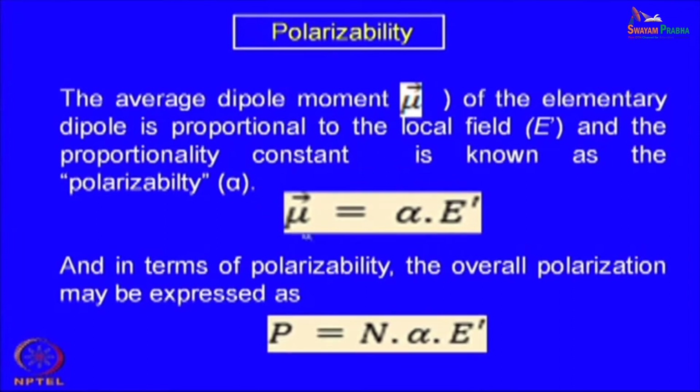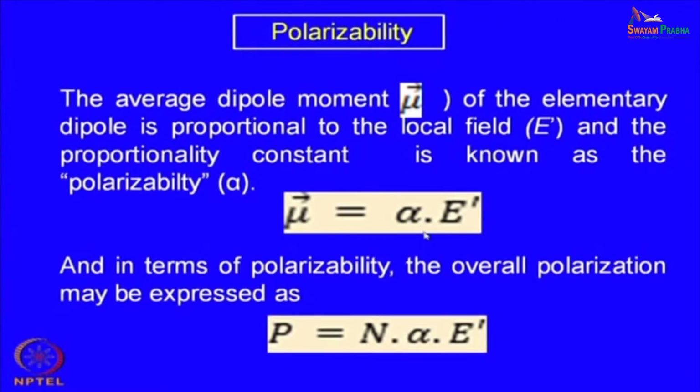So, mu bar is proportional to E prime, not E. That is the only thing one has to remember. E is the external field normally applied, and E prime is the internal field or the local field experienced by this particular element or dipole.